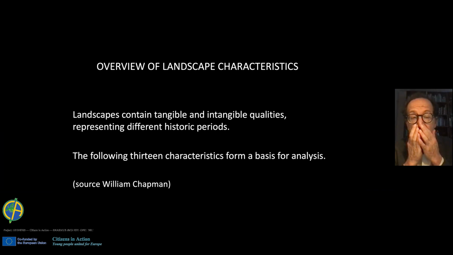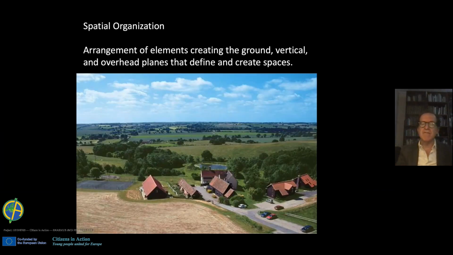He says landscapes contain tangible and intangible qualities which represent different historic periods. And he suggested 13 characteristics to form a basis for analysis of landscape. Let's follow these 13 elements and let's try to then play with these elements. They are very complementary to many things that we have said. Still, geography, geology, but also history.